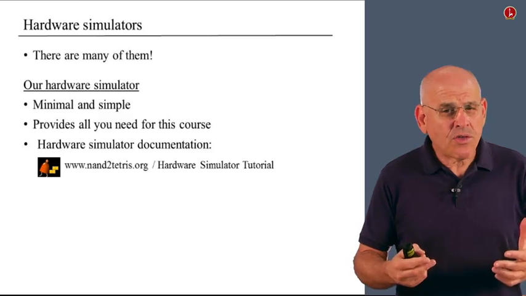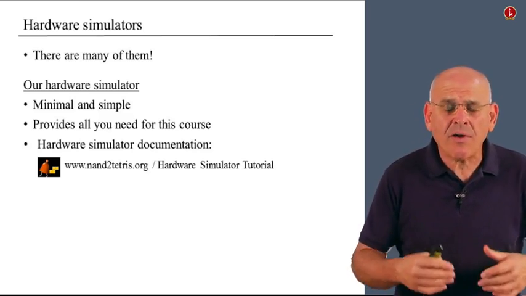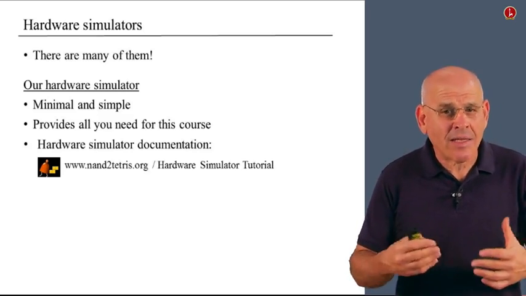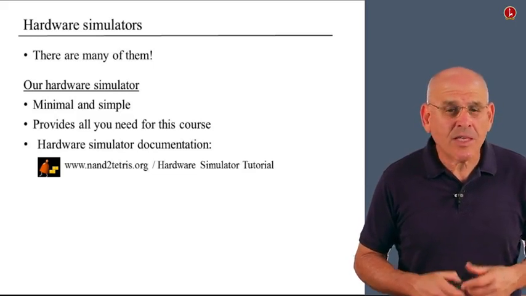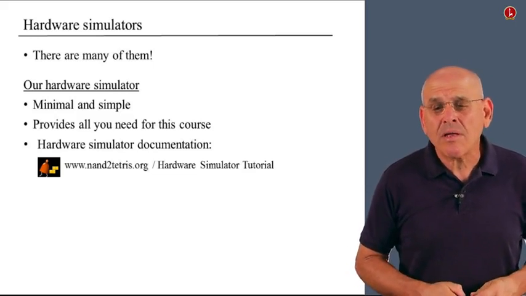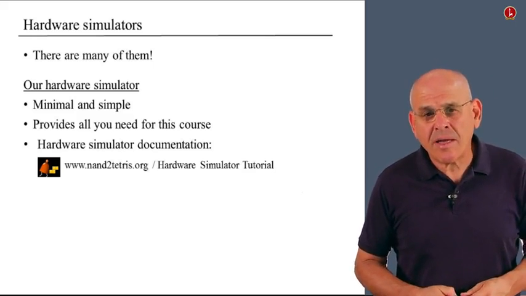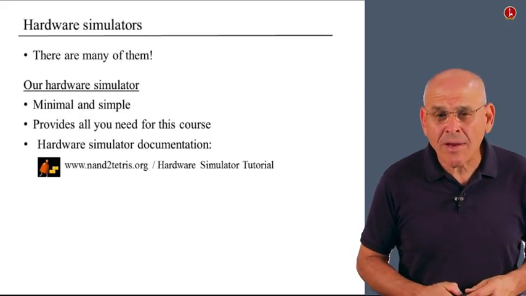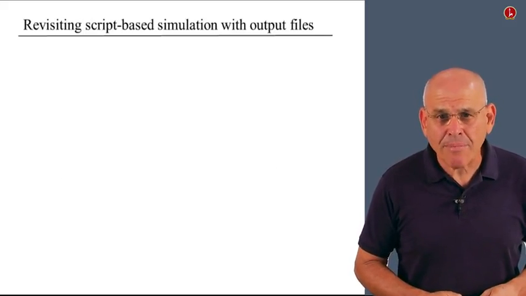And another thing that you should do is go through the hardware simulator tutorial, which is a stack of interactive slides that explain how to use the simulator, as well as all the examples that you saw in this particular lecture. So that's the end of the commercial break about hardware simulators, and we return to our ongoing example.